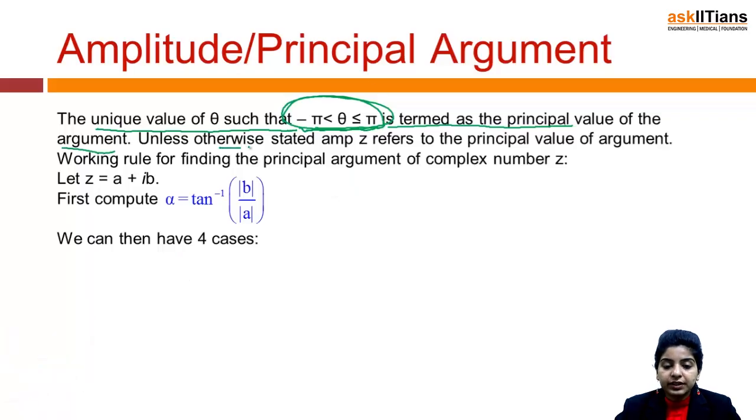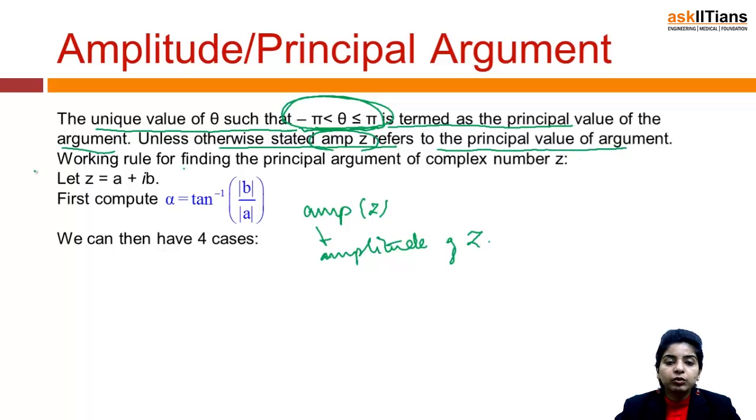Unless otherwise stated, amplitude of z, amp z, refers to the principal value of argument.